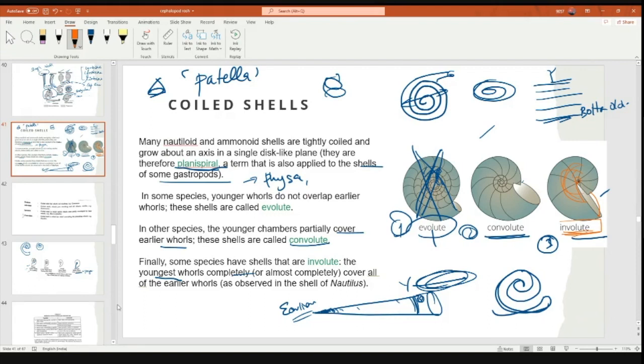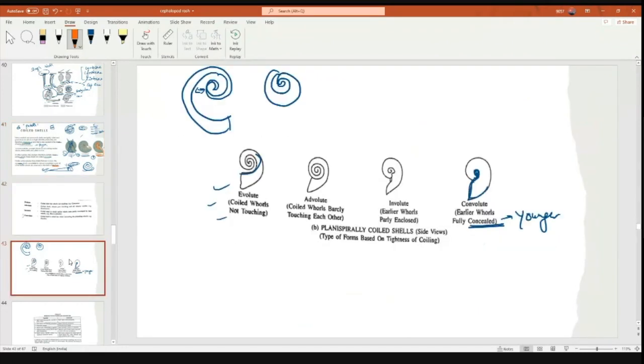And the example of the involute is the nautilus. So in this, earlier was partially enclosed. See here partially, here completely.